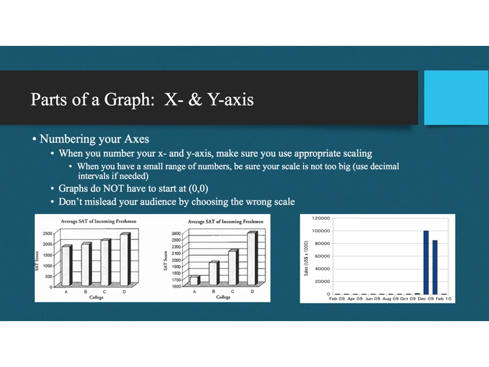All right, so once we've labeled our x-axes and our y-axes, our independent variable and our dependent variable, now we've got to think about numbering your axes. All your data in a graph is going to be numerical, and so you want to choose appropriate scaling for your x and y axes.